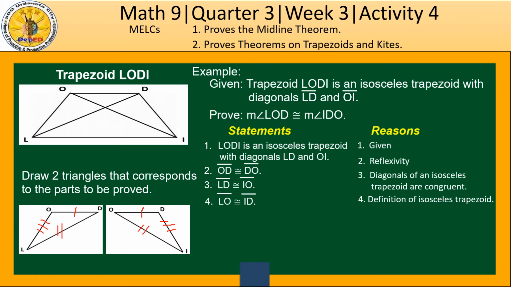We have already found three congruent parts. Now that we have three congruent parts, we will have the next statement by comparing the two triangles: triangle LOD is congruent to triangle IDO.